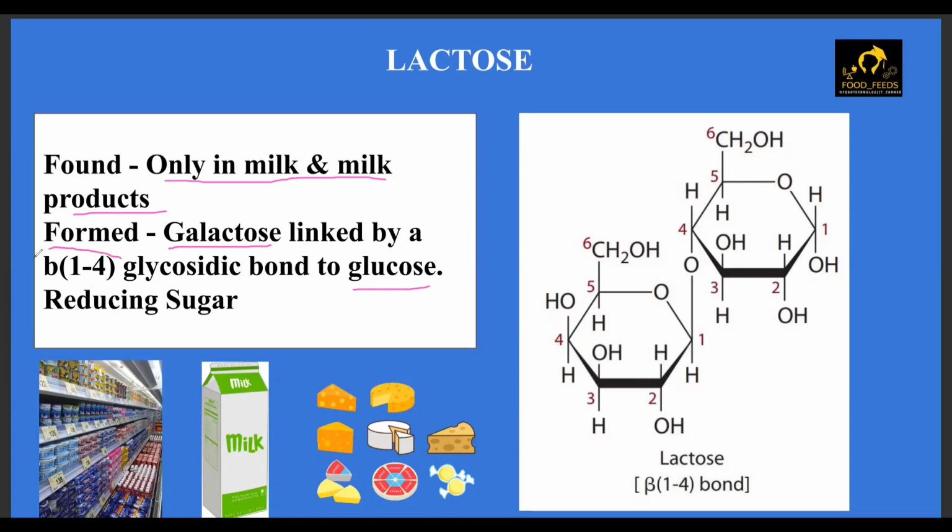The linkage is beta 1,4, which you can see here in the image. Carbon 1 is attached with carbon 4, and why it is named beta you can know from part 1. Lactose is also a reducing sugar, as you can see here, there is an available OH group.